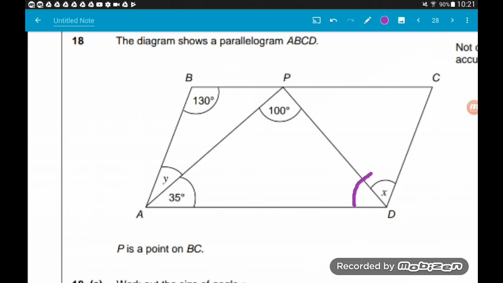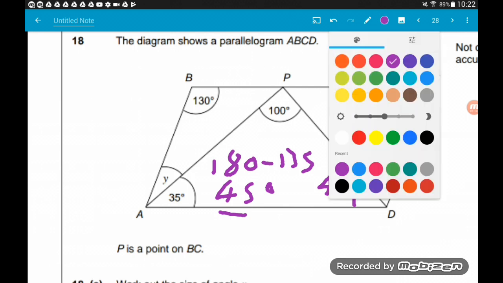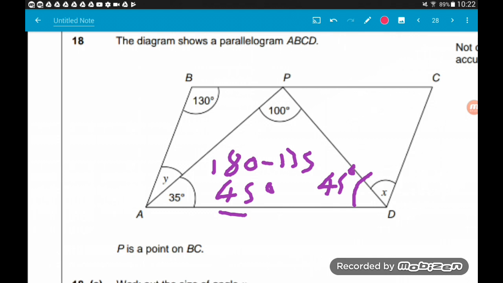So to work out this purple angle, down in the bottom right, we do 180 minus 135, which gives us 45 degrees. So this angle is 45 degrees.